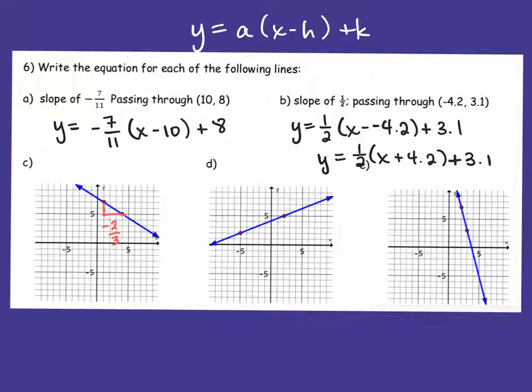And I'm just going to pick one of these points. So this first point here is the point 1, 7. So when I write this, it's going to be y equals -2/3 times x minus 1 plus 7. And that is the point slope form, the one we're going to be working with from here on out. And that's it for section 1.